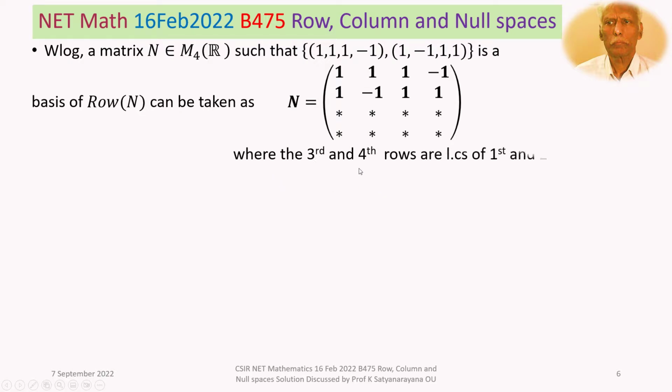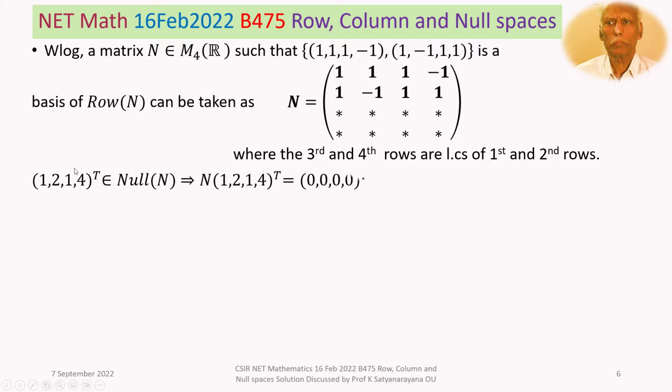Then if you see the row space of this matrix, these two are linearly independent, and the others depend on the above two. Therefore, the row space is generated by these two vectors and they are linearly independent, so it is a basis. Do we have such a matrix? Such a matrix can be taken as this without loss of generality.